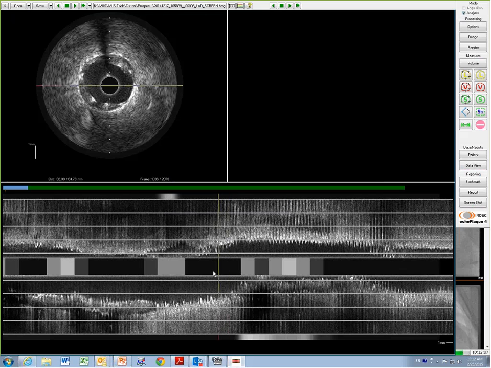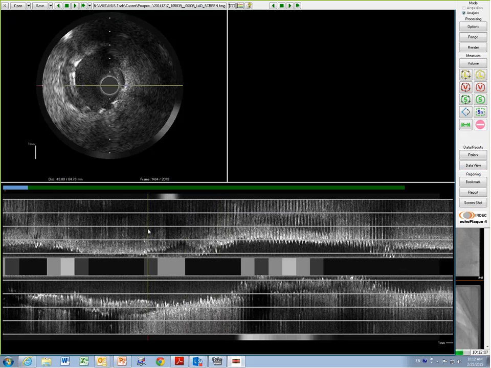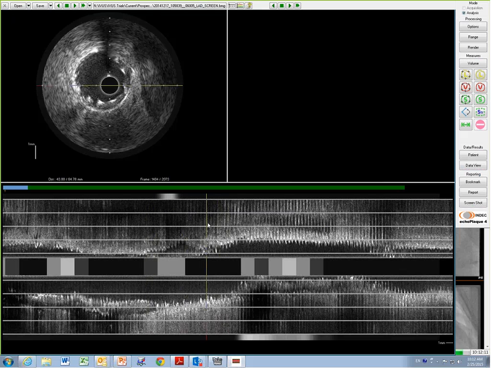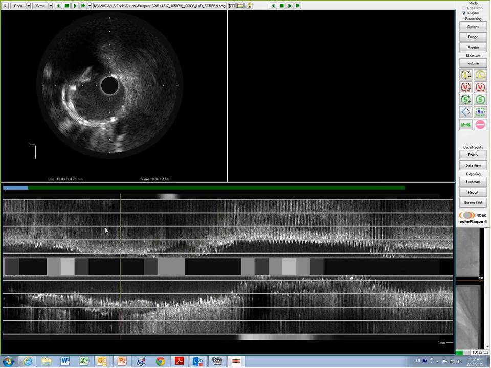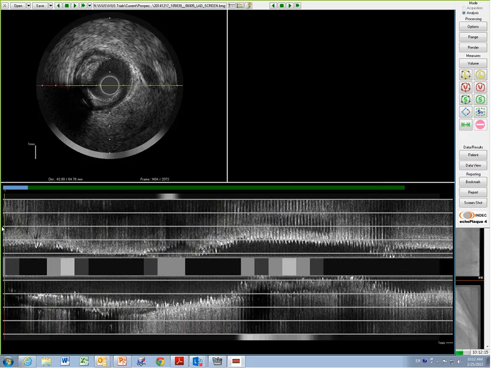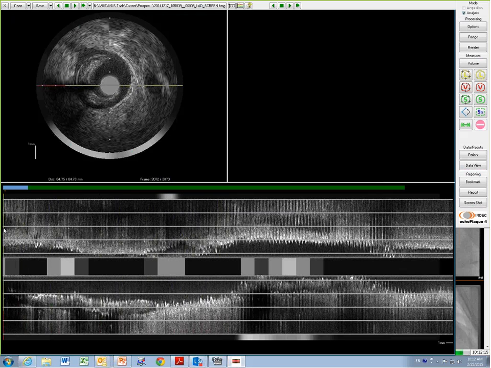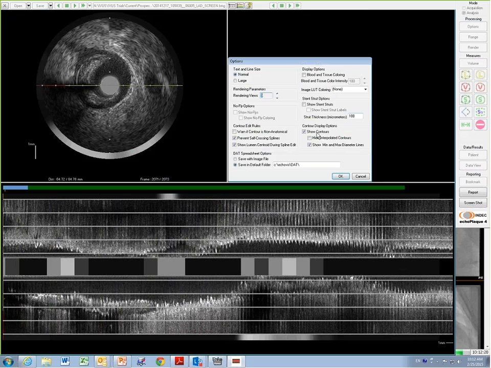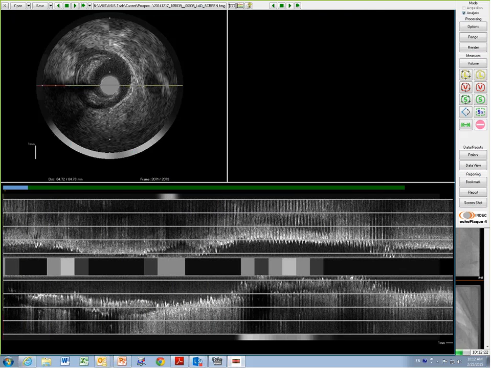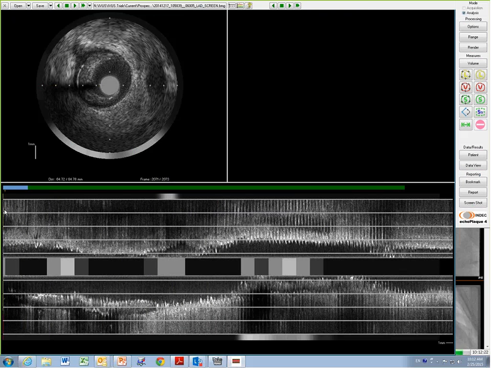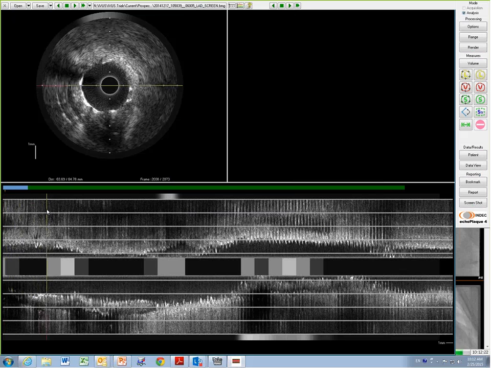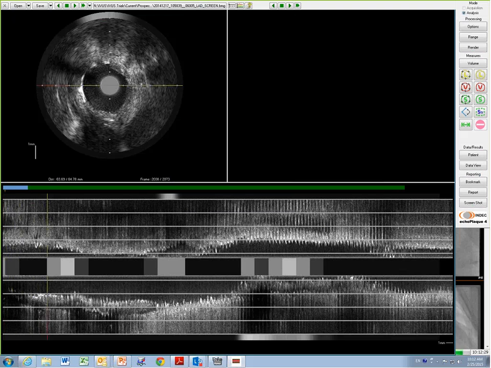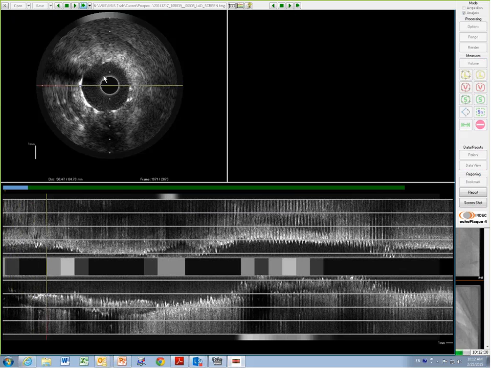This is the stent, and it was well expanded, very good job. Let's go to the proximal side, where we see some plaque, but that's fine. The lumen is good enough. I will show it starting from the proximal edge. So this is your stent edge.